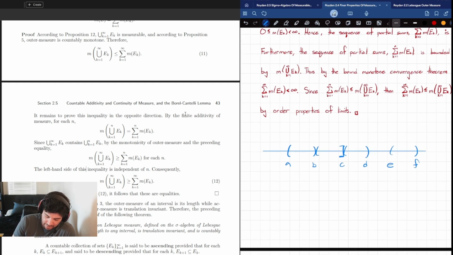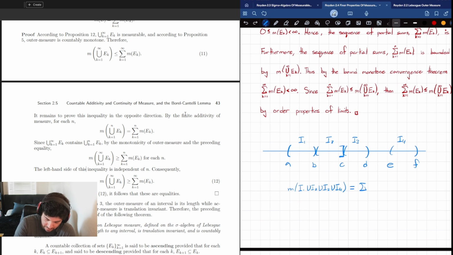It's saying that if I take the union of these, and so I'll call this I1, interval 2, interval 3, interval 4. So what it's saying is that the measure of the union of these intervals is the same thing as just summing the individual measures themselves.